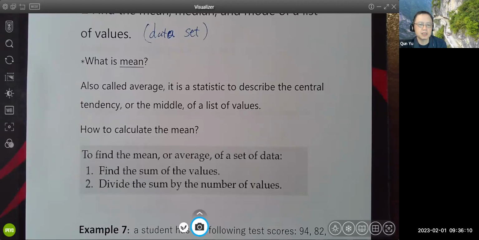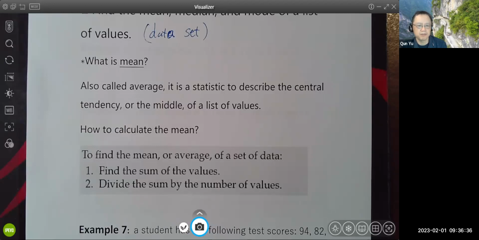Basically, if you have a group of numbers, you want to add all of those numbers together, then divide by the total number of numbers. That's called the average. But what is the meaning of average? Average gives you the middle value of that whole list of values.